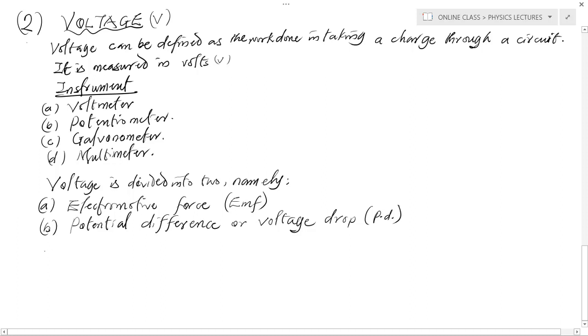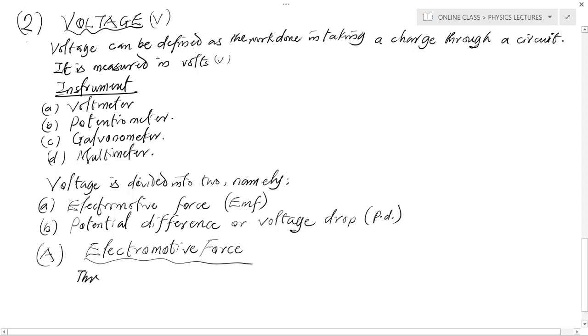Now let's take the A part, electromotive force, EMF. What is that?